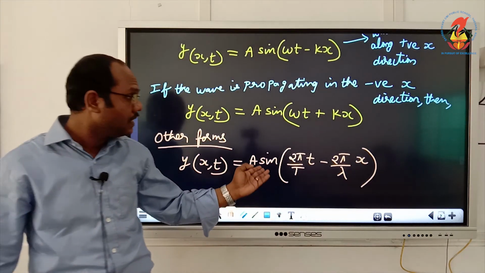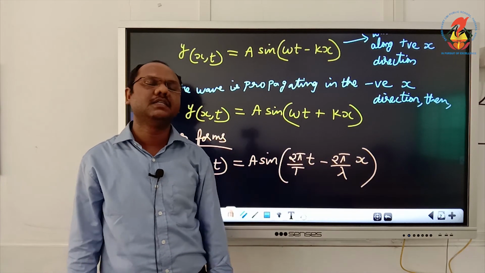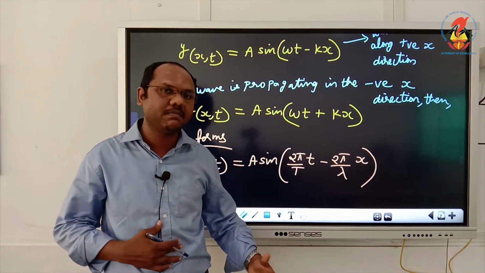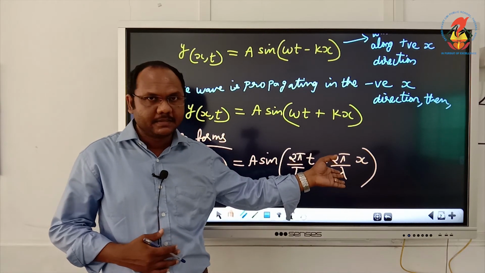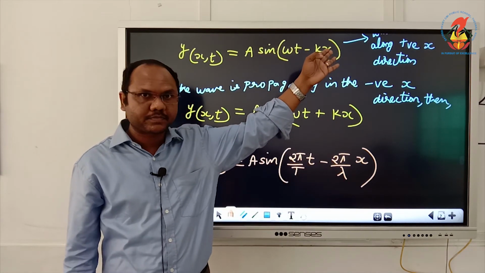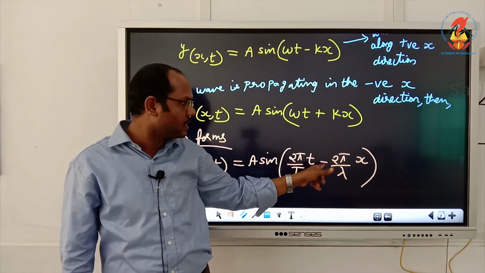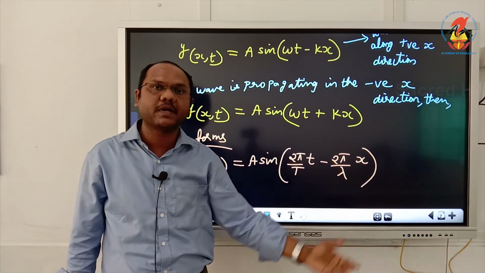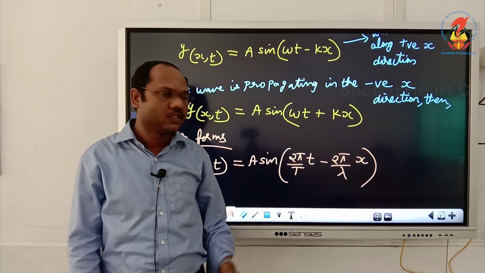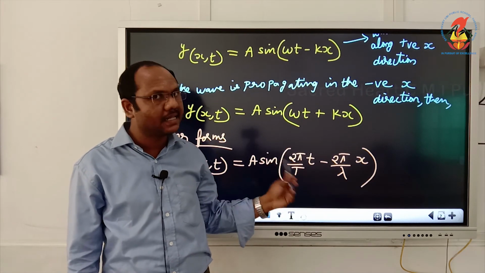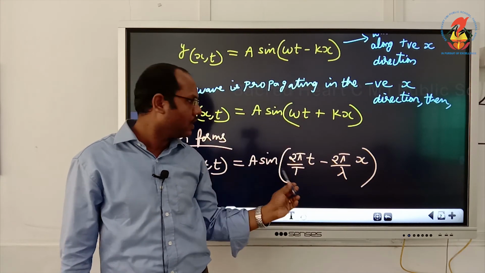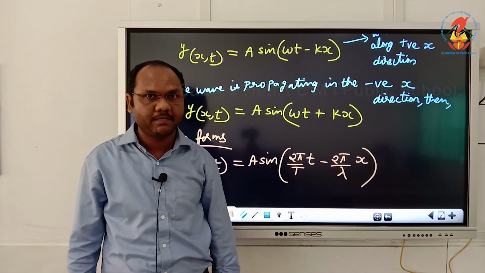So, equation can be written in this form also. Sometimes in the question paper they will be giving like this, sometimes they will be giving like this, and if I put a positive sign here, that means the wave is propagating along negative x axis. So, the equation can either be represented in this way or it can be represented in this way.